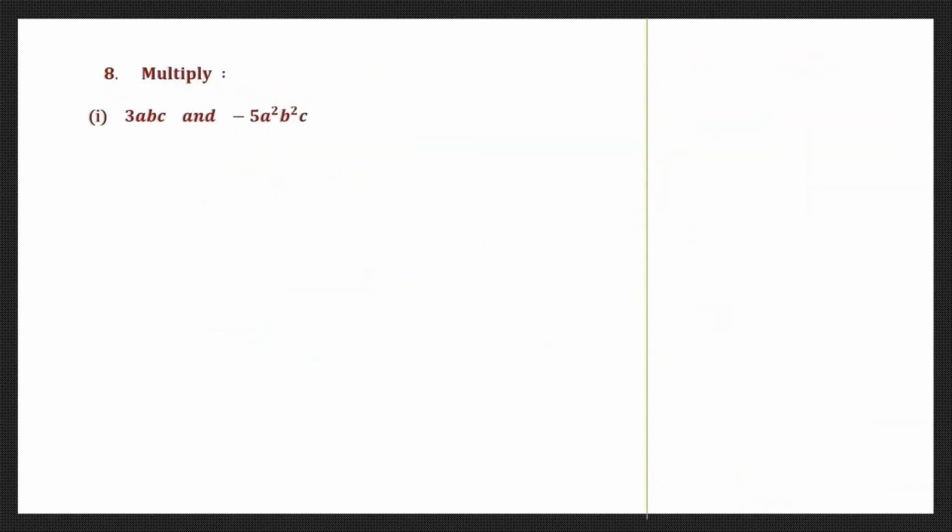Question 8. Multiply 3abc and minus 5a square b square c. So let's do that. 3abc into minus 5a square b square c. So we can work this out here itself. So let's take the numbers first. So we have plus 3 into minus 5 into, let's take the a's.